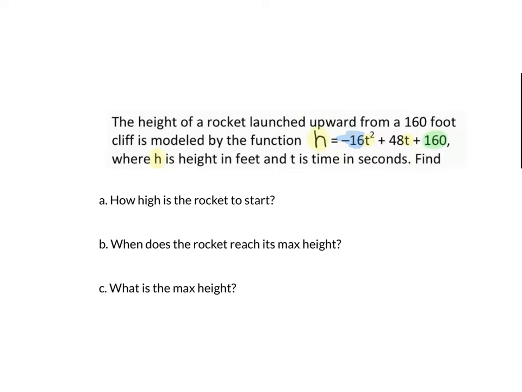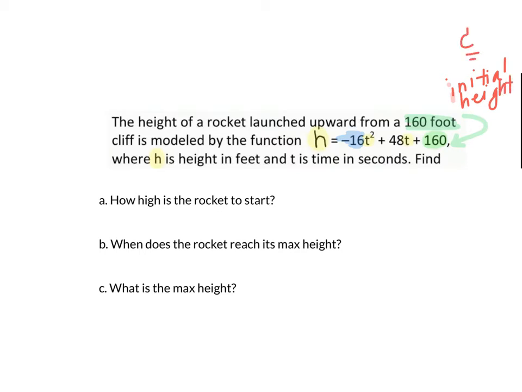Notice how the height of the cliff is 160 feet and the c value is 160. That's not a coincidence. That's always going to be true. The initial height is always going to be the c value.